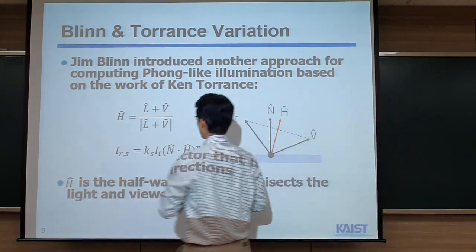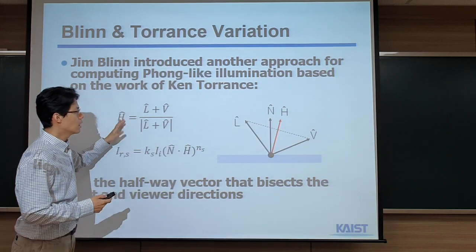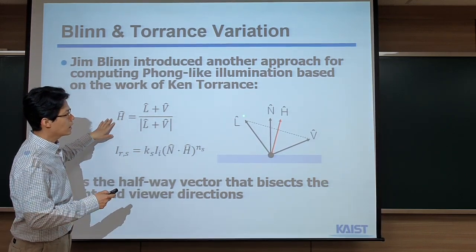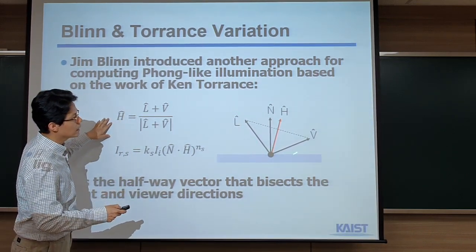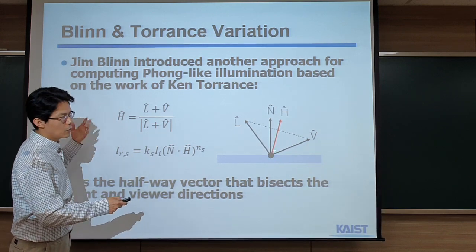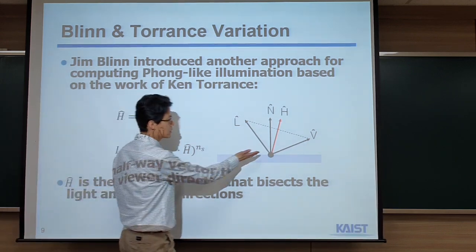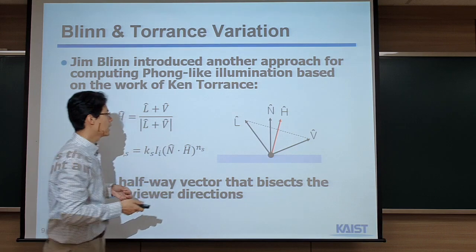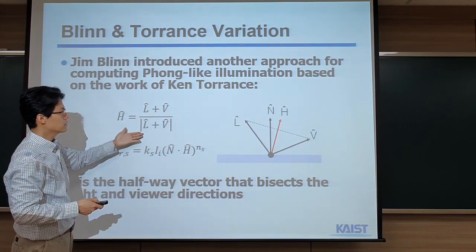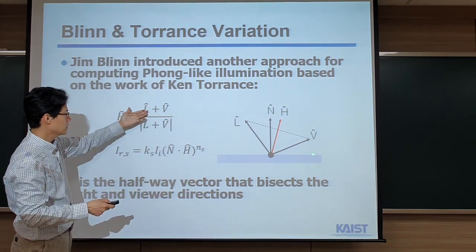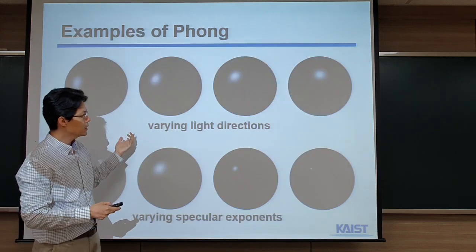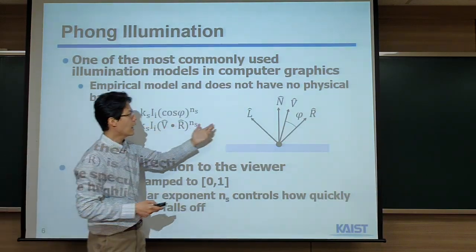Here we define the halfway vector, which is nothing but the sum of the L vector, the light vector, and the viewing direction vector, V vector, right? And then we use the summation of the L vector and V vector.